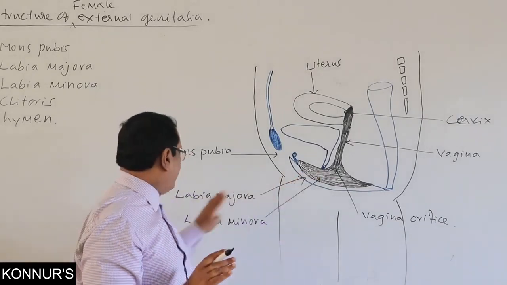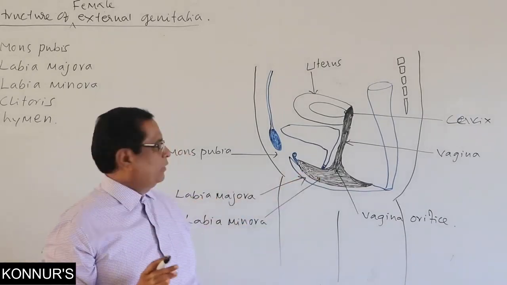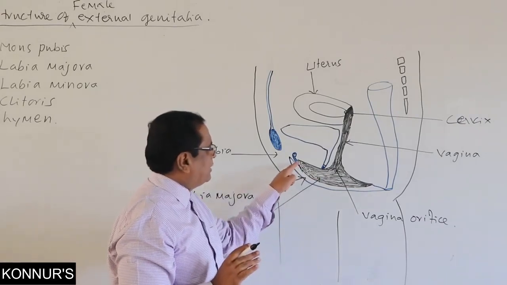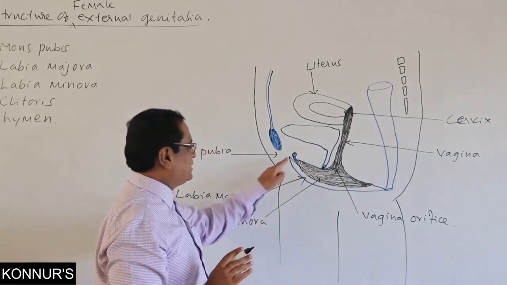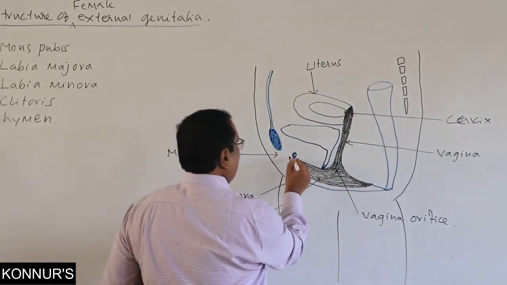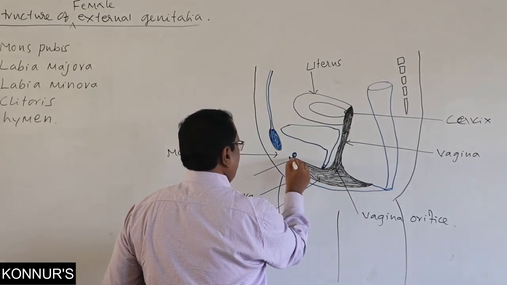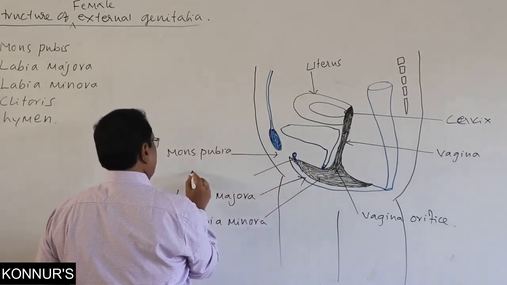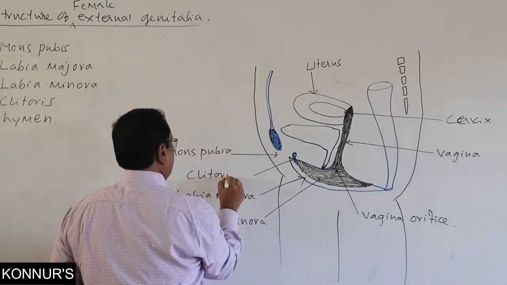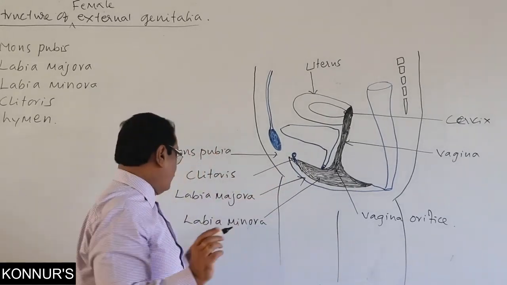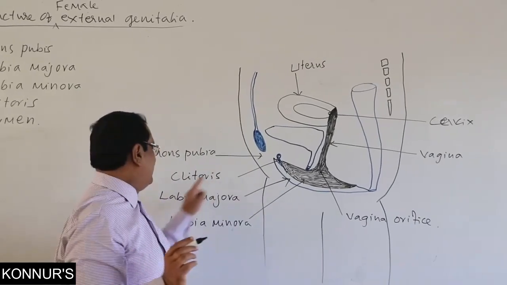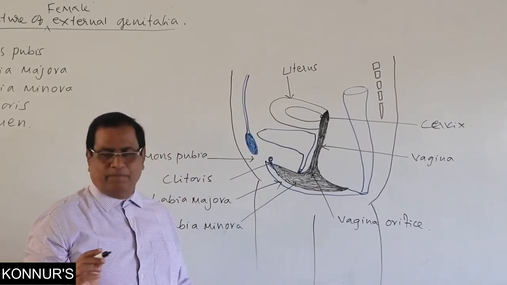At the junction of the labia minora, there is a very tiny finger-like structure, named the clitoris.